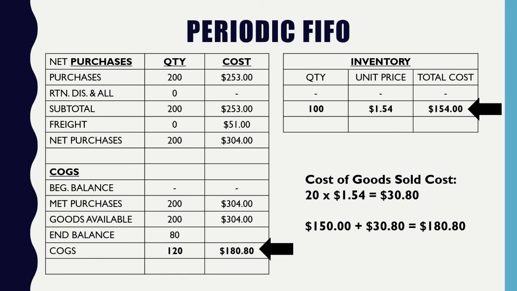So what's going to happen is 150 plus 30.80 is going to give us a total of 180.80. And that's how much our cost of goods sold is going to cost us. And from there, using simple math, if you have $304 available and you sold $180.80, what is left over?